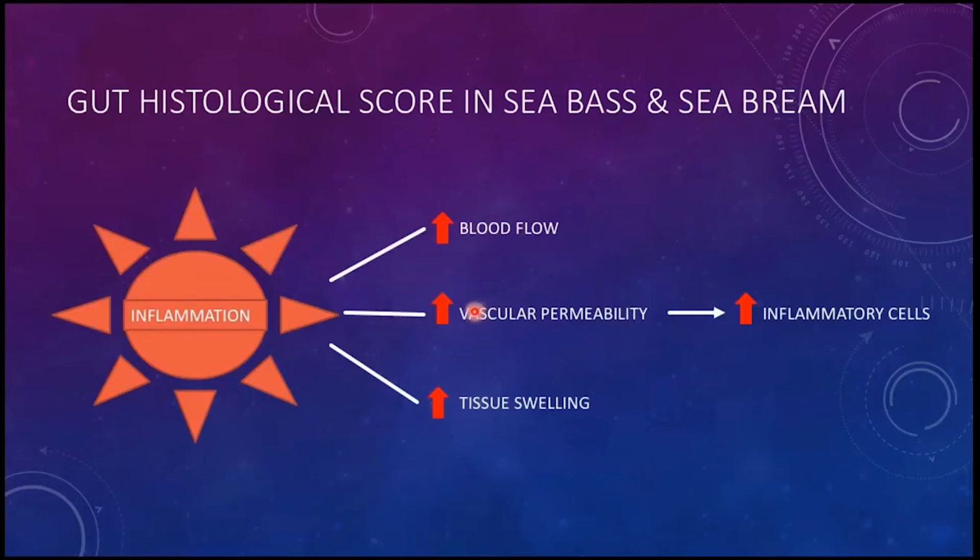In the blood vessels, there is an increase of vascular permeability that helps to have an increase of inflammatory cells infiltrating the affected tissue. And third of all, there is also a swelling, an increase of this tissue because of all this reaction that is going on in the tissue.